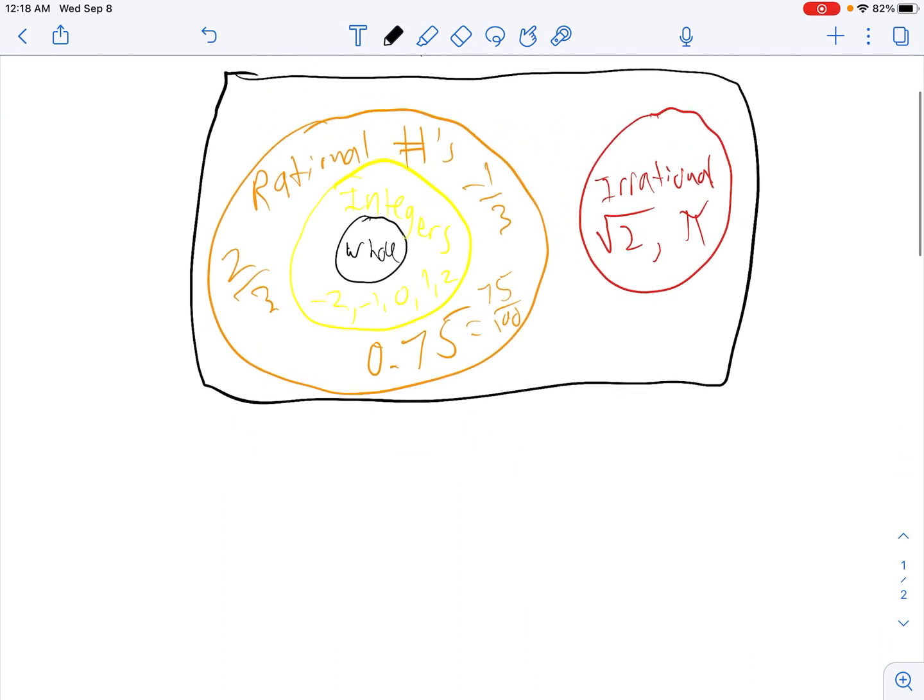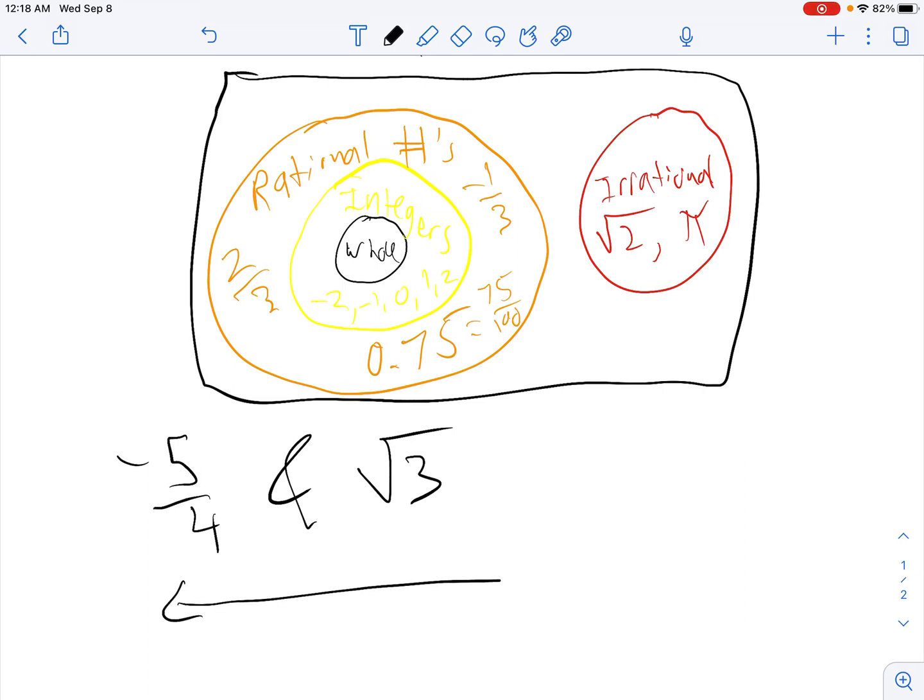So one thing we may have to do is graph real numbers on a number line. And again, that's not a problem. We can do that. So let's say that we want to graph -5/4 and the square root of 3 on a number line.